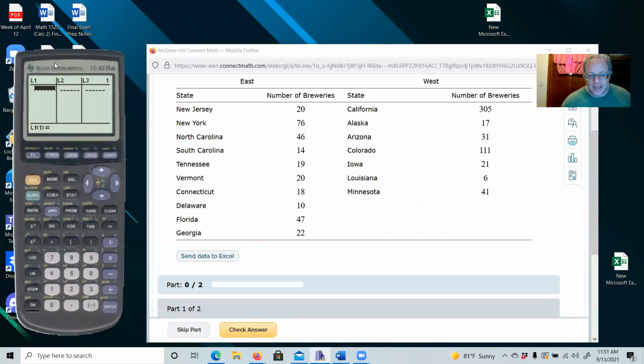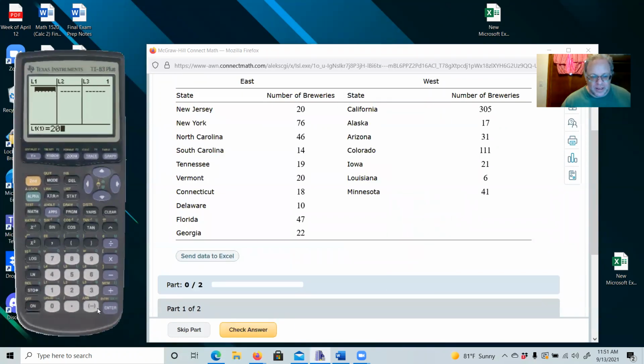So I need a 20. 76. I need 46. 14. 19. 20. 18. 10. 47. And 22. Now I'm using this arrow to go over.